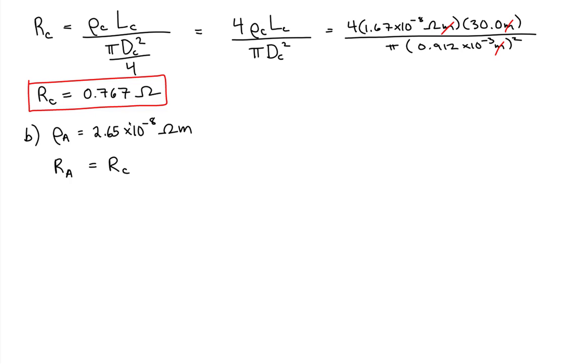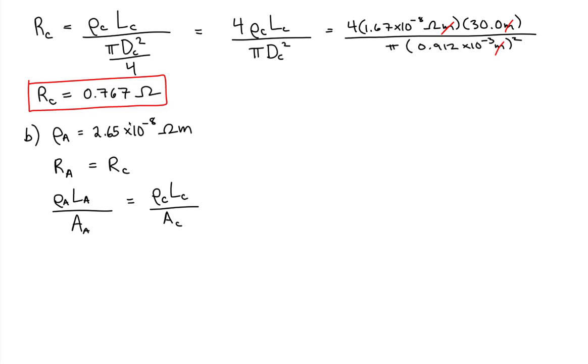Well, the resistance of the aluminum wire is given as the resistivity of aluminum times the length of the aluminum wire divided by the cross-sectional area of the aluminum wire. And that has to be equal to the resistivity of the copper wire times the length of the copper wire divided by the cross-sectional area of the copper wire.